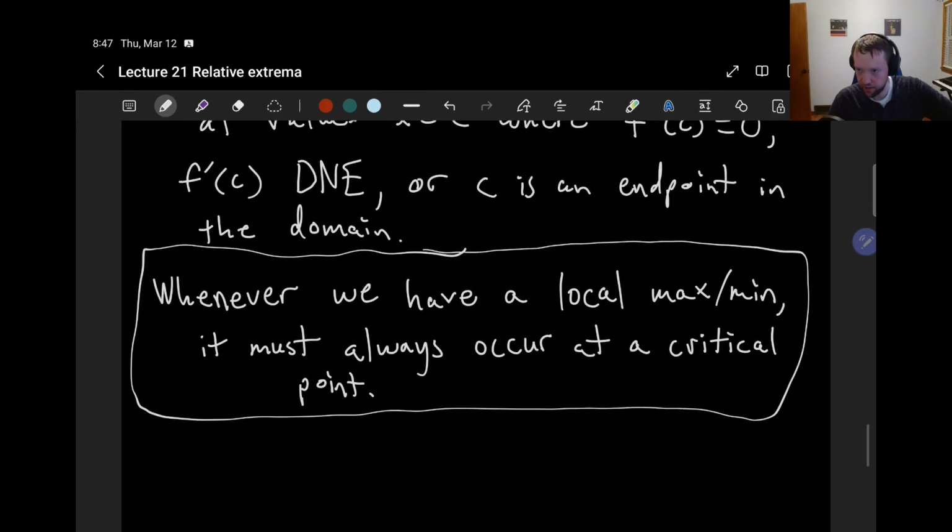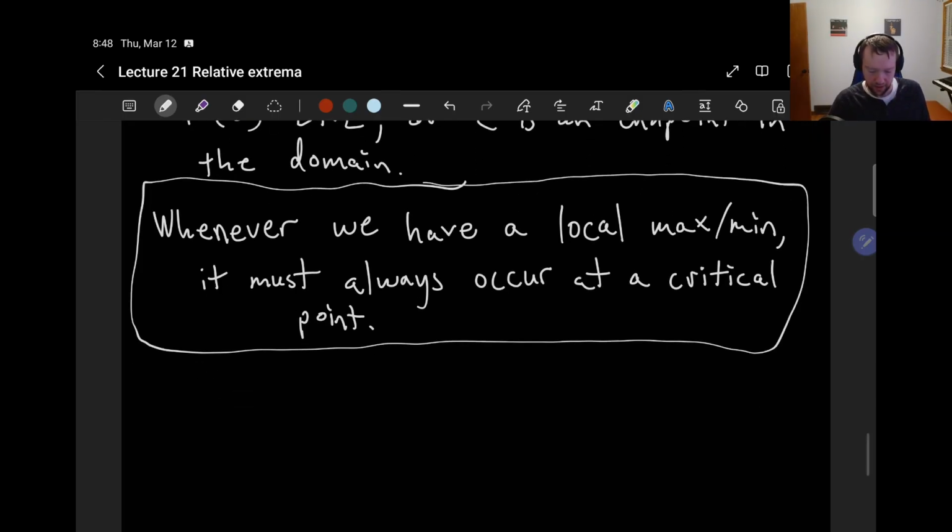So, relative extrema always occur at critical points, but I'm going to offer a word of warning. You can be tempted to think that this goes both ways, and it does not. A word of caution, this does not hold the other way.